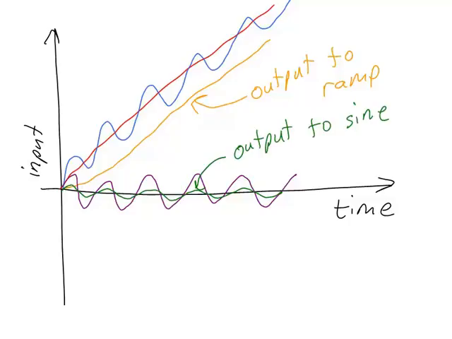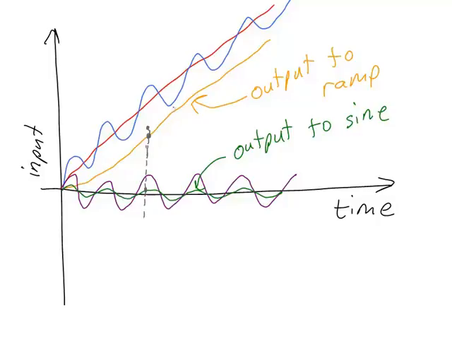We add these signals by adding up the value at each instant in time. For example, we'd take the value of the orange response to the ramp at this time and add it to the green. So here's the orange value and here's the green value. The resultant value would be around there.